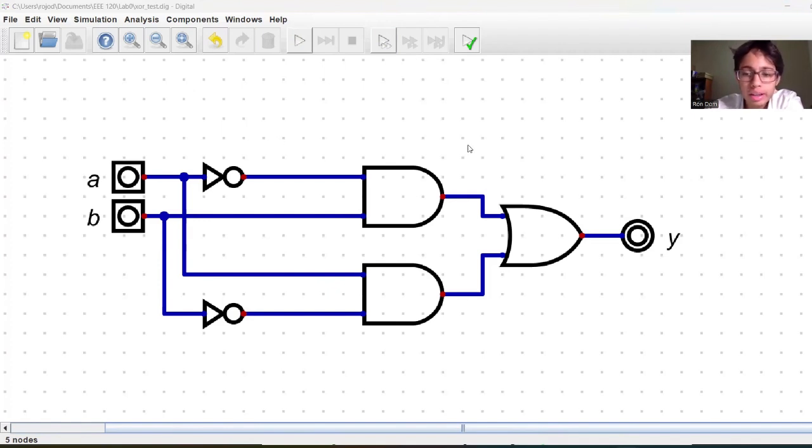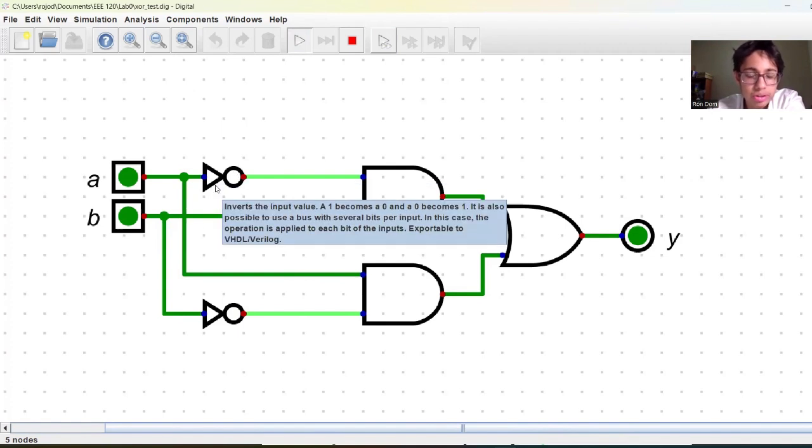So here I have my file in Digital, so I'm going to run it. We have our inputs A and B, these squares. We have our wires. Some are light green, some are dark green. We have our NOT gates with the circle and triangle together.